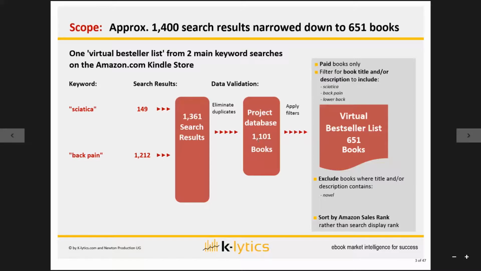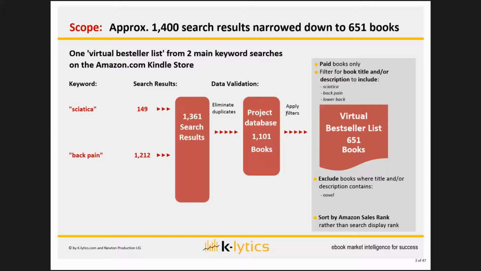And then we applied certain filters. First of all, you have to look at paid books only, because all those free books you get into the database and into the display ranking, mind you, can completely distort the picture. We filtered for those books that have sciatica or back pain or lower back in the title or the description.